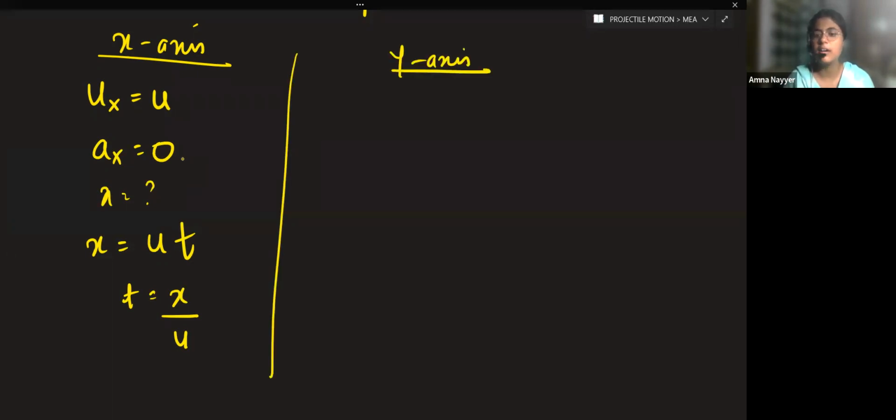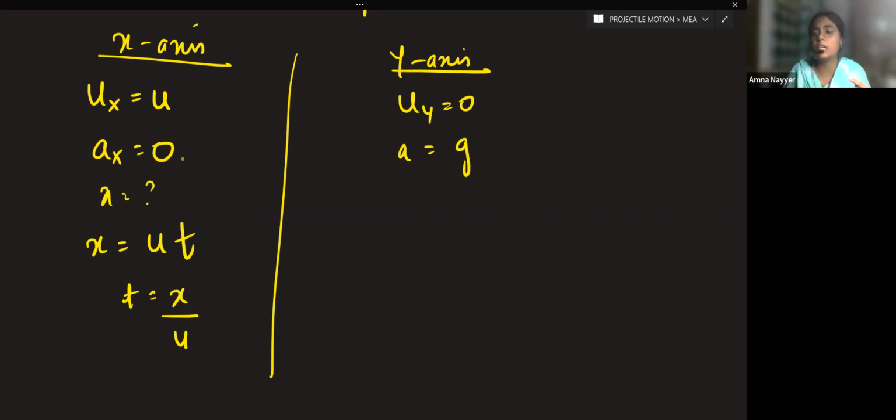If you look at the y-axis, uy will be 0, but acceleration will be equal to g, acceleration due to gravity. Now, no need to write it as minus because no other component is there. So take the downward direction as positive. Is any quantity moving upwards? No quantity is now moving upwards. Earlier you had u sine theta acting upwards, and acceleration due to gravity acted downwards.